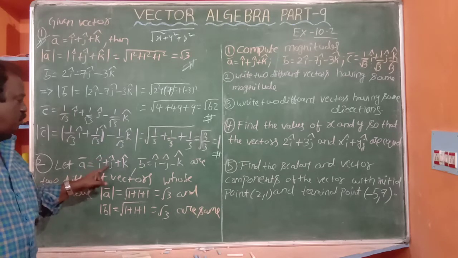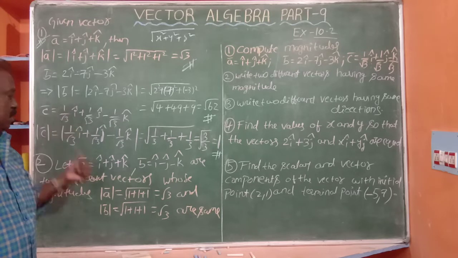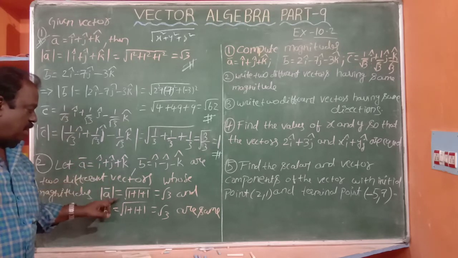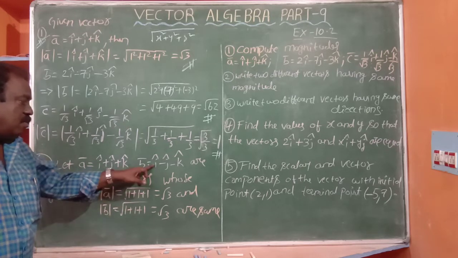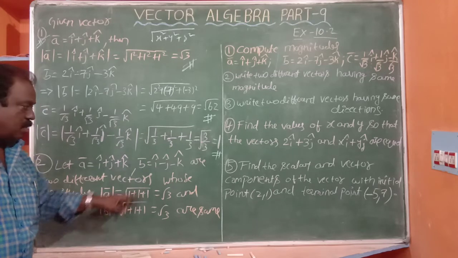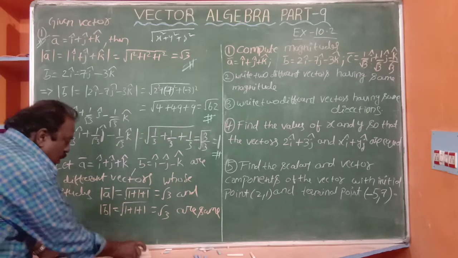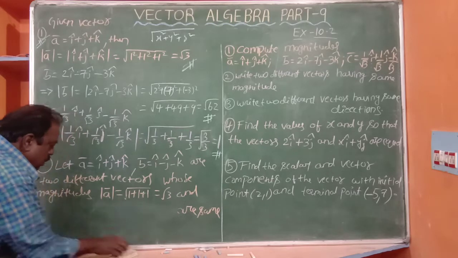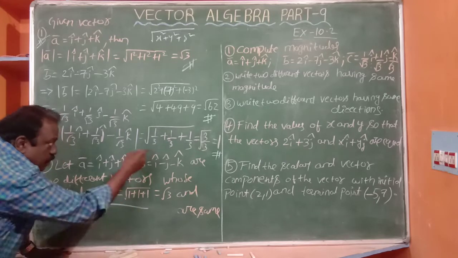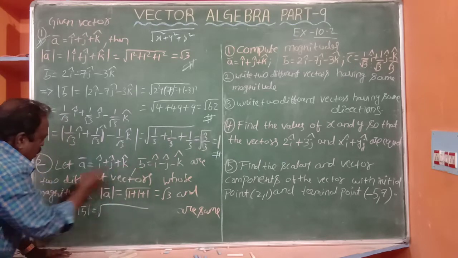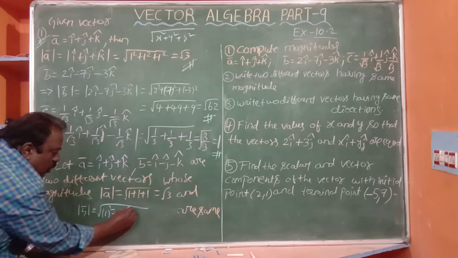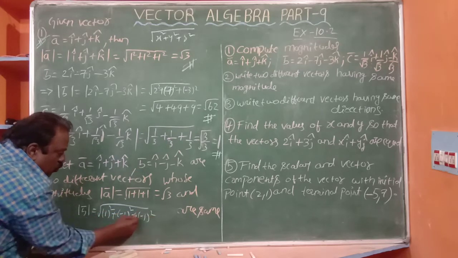For i plus j plus k, if you take this vector as one vector, its magnitude, modulus of a bar, is root 3. For b bar also, you see, 1 square is 1, minus 1 square is also 1. I will write clearly. Modulus of b bar is root of 1 square plus minus 1 square plus again minus 1 square.